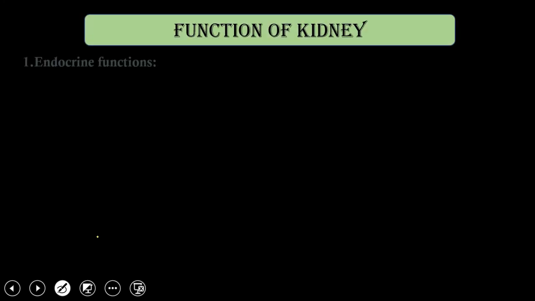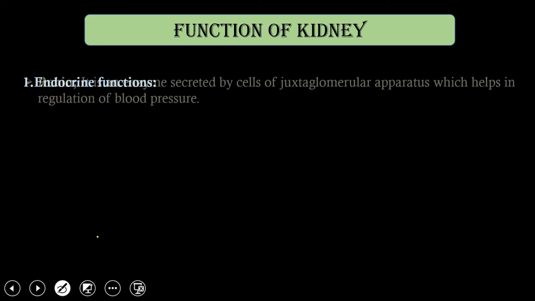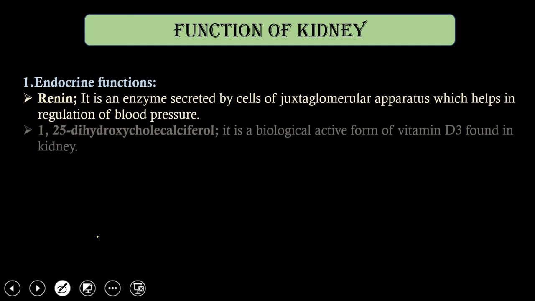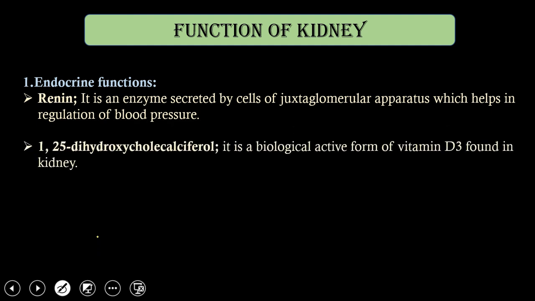Move towards the functions of the kidney. So we know the first function is the formation of urine, which serves as an excretory organ. Move to another function, endocrine function. It secretes certain hormones. First one is renin, which helps in the regulation of blood pressure by formation of angiotensin.